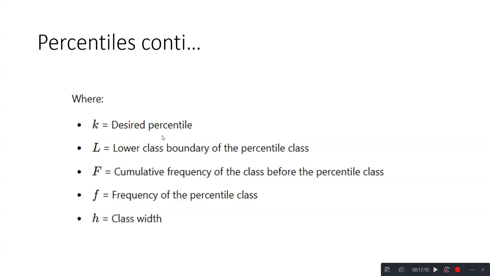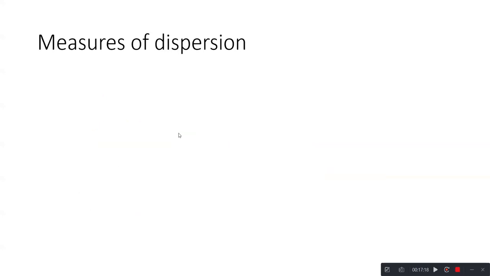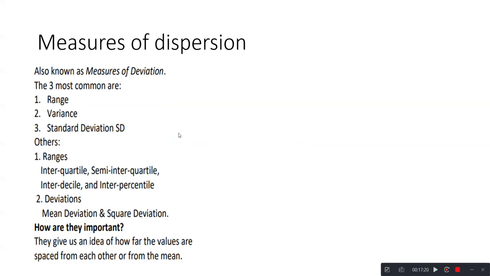So k is the desired percentile, then the lower class bound of the percentile class, cumulative frequency, class width, and that's all.